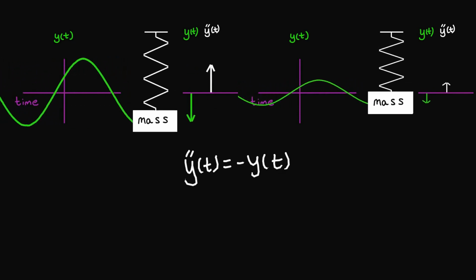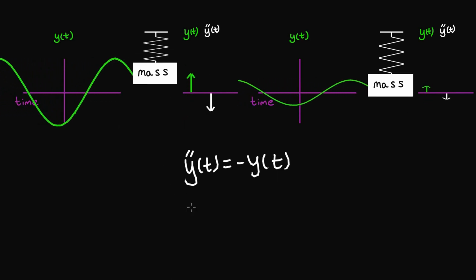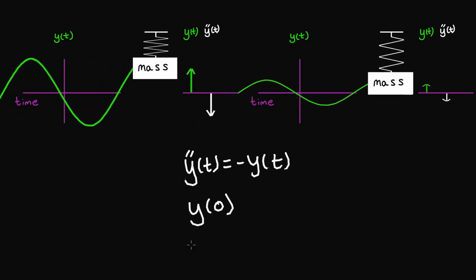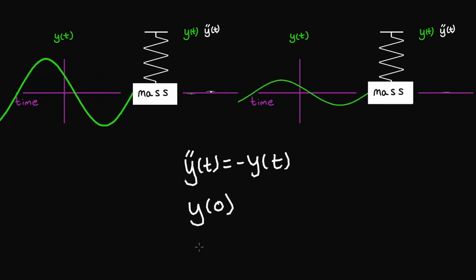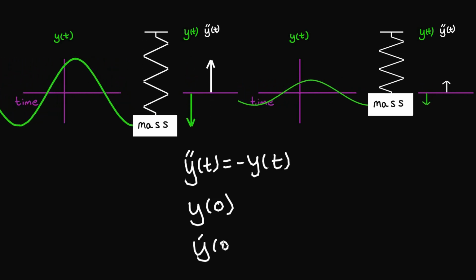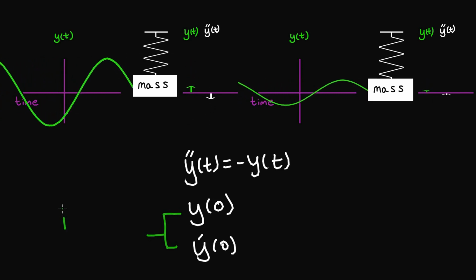Well, this has to do with the very beginning. Remember, we stretched them out different lengths, so their initial height was different. And there's another piece of information, which happens to be the same in this example, was their initial speed, which was 0. And these two pieces of information are called initial conditions.